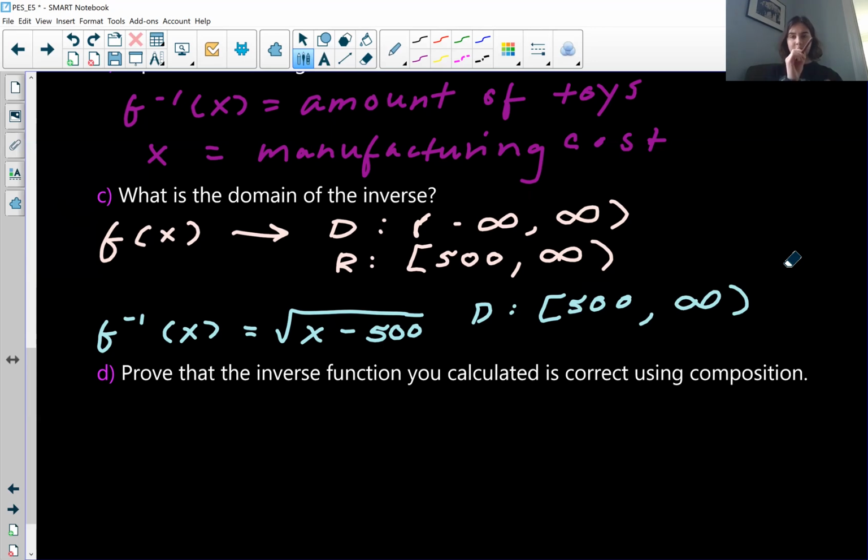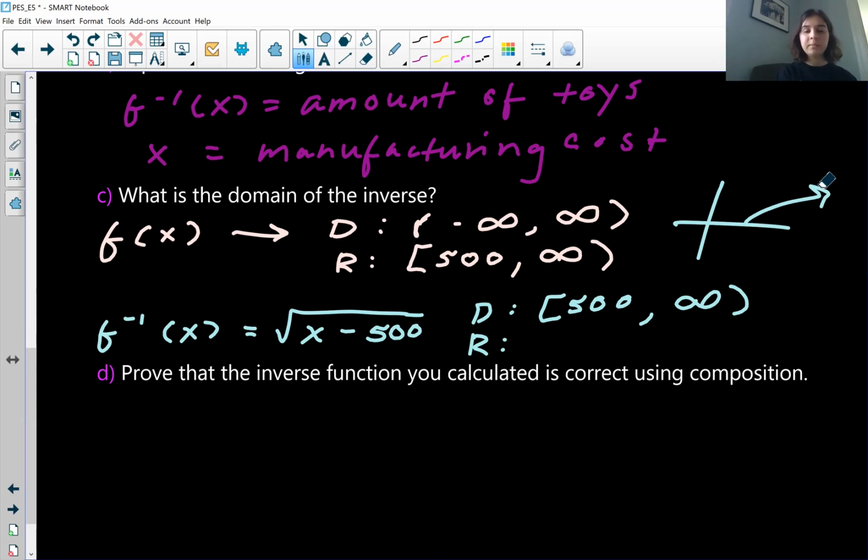And it's a square root function, you know, it's just kind of that little wee, like that, right? So our first x value is going to be 500. Okay, I'm going to erase that. And then for our range, what are the y values we can get out of that domain? And you could see in my drawing, if it looks like that, the range is going to go from 0 to infinity.